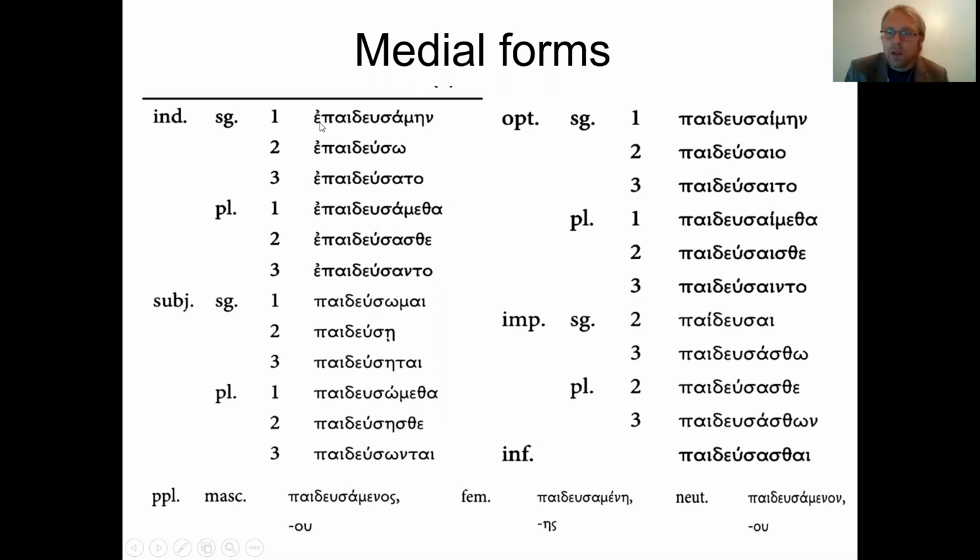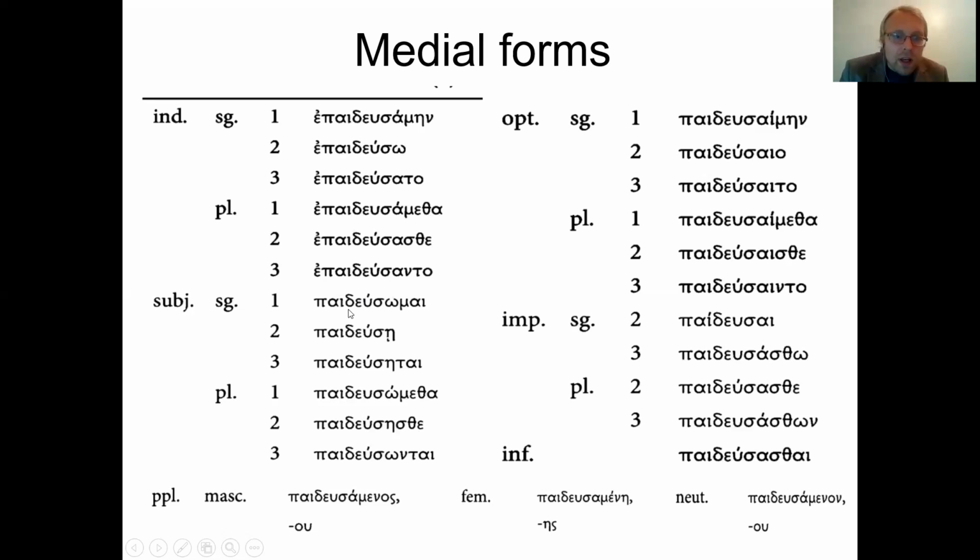So the indicative is the only mood which is augmented in the aorist, and that holds also for the medial forms. And then there is, of course, the presence of this sigmatic aorist infix, as well as the theme vowel alpha in most persons and numbers.